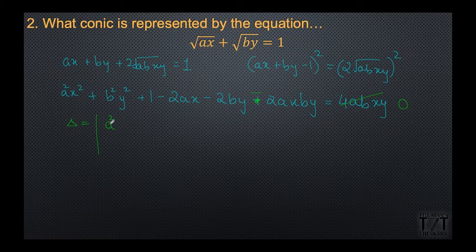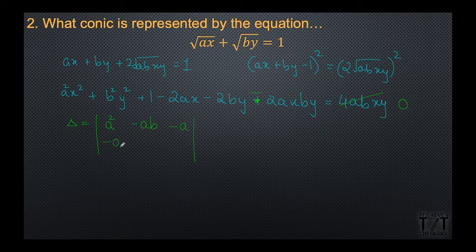Since it is a, h, g, the value of h would come from the coefficient of xy. The coefficient of xy is minus 2ab, which would be equal to 2h, and hence h would be equal to minus ab.